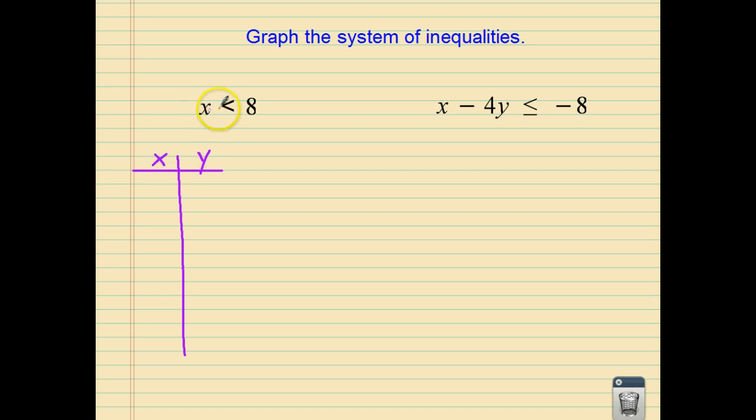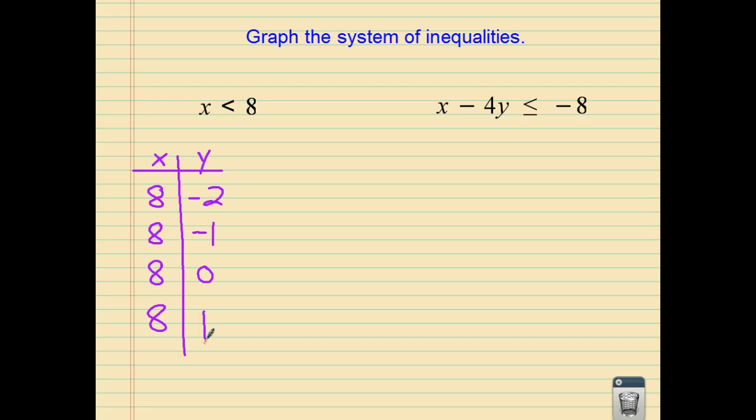And what do I know? X is always going to be equal to 8. So there are all of my 8s. And then for my outputs, we've already discussed, you can make those up. So maybe we go -2, -1, 0, and 1. And let's go graph that.